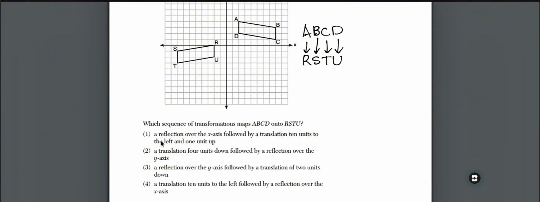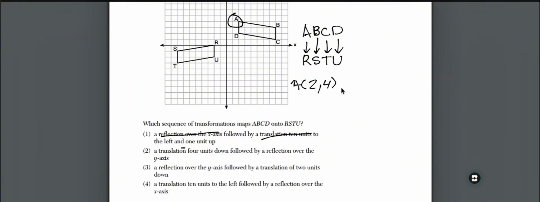So let me take answer choice number 1. It says a reflection over the x-axis followed by a translation 10 units to the left and 1 unit up. So say I want to try point A, and I know it must map onto point R. So point A is at 2, 4.